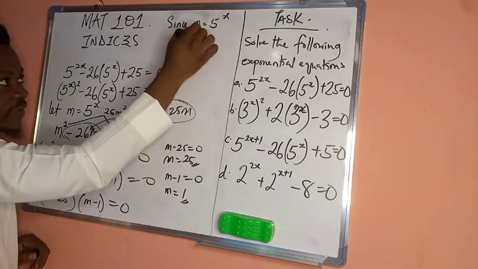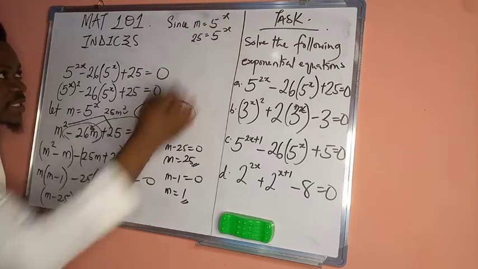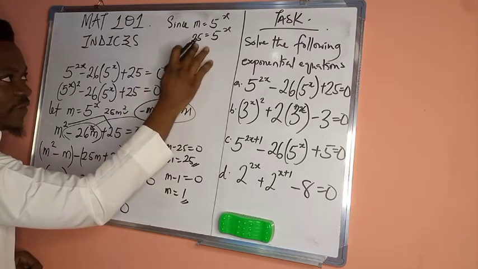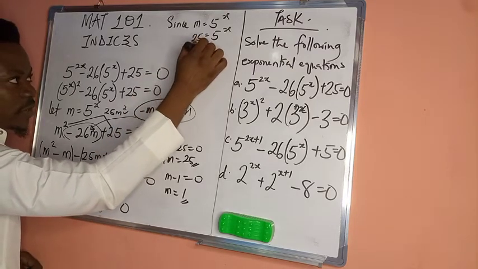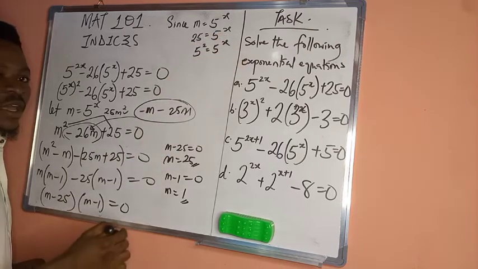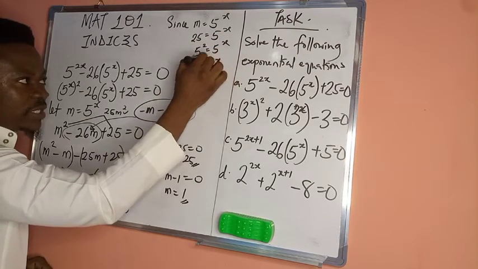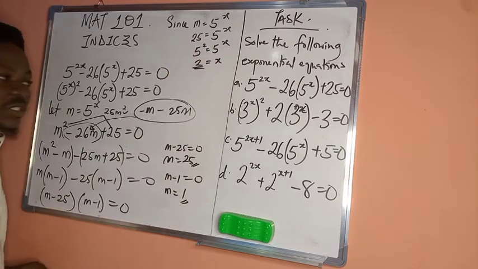We have 25 equals 5 raised to power x. Now we can see 25 can be in a base of 5, right? So this is 5 squared equals 5 raised to power x. Normally in indices, when the bases are equal, the powers are equal. So here we have x equals to what? 2. That's the first answer.